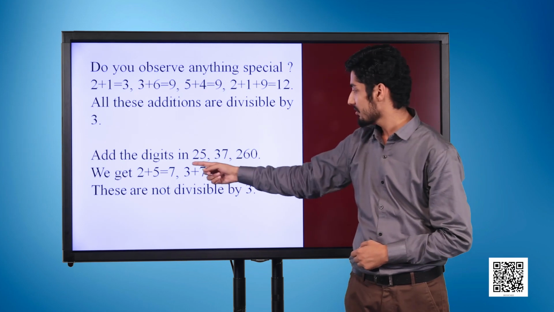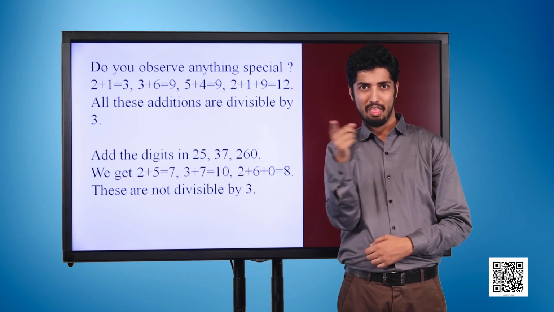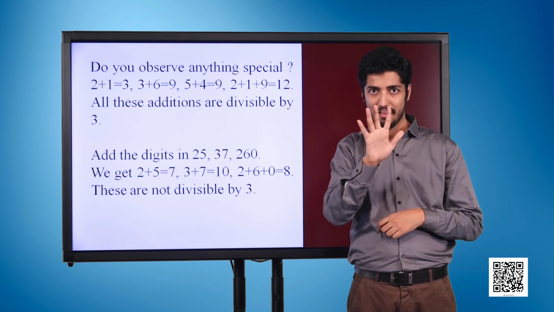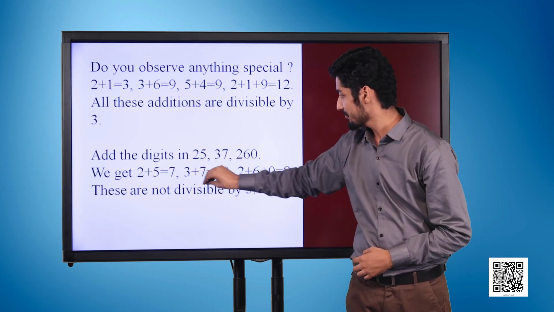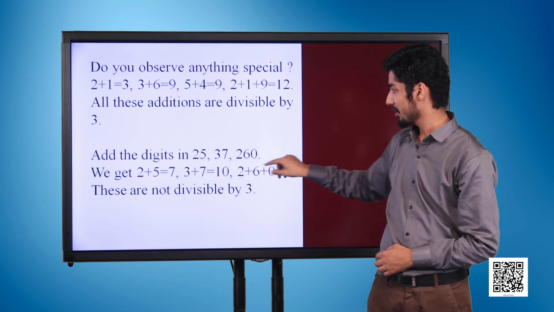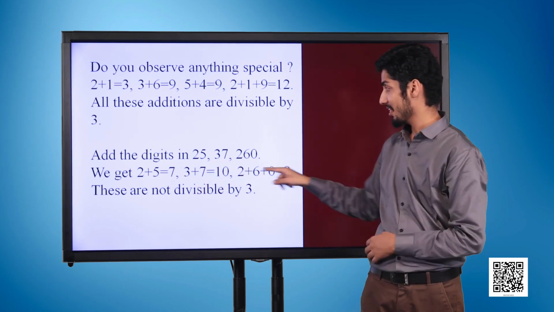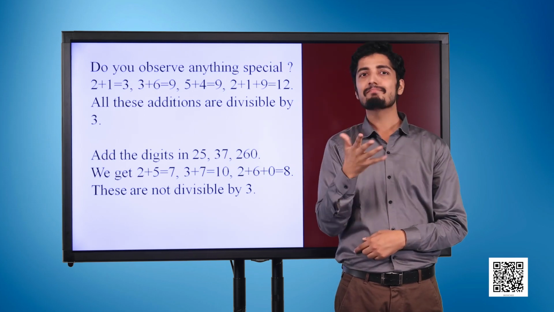Add the digits in 25, 37, 260. We get 2 plus 5 is equal to 7, 3 plus 7 is equal to 10, 2 plus 6 plus 0 is equal to 8. These are not divisible by 3.